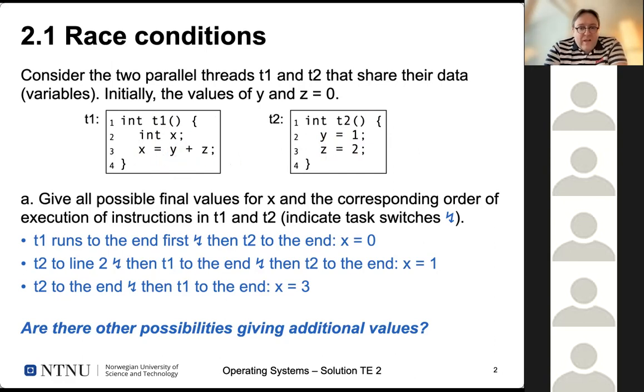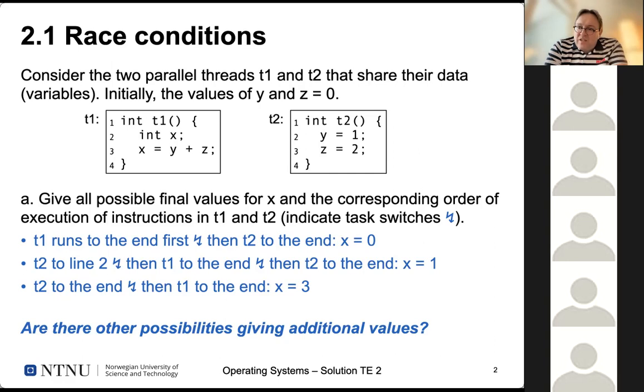Is this all? That's a big problem when doing these synchronization problems. Have I actually managed to catch all of them? Are there other possibilities giving additional values? Yes, there's additional information by Hova. The compiler is allowed to reorder the assignments to y and z.